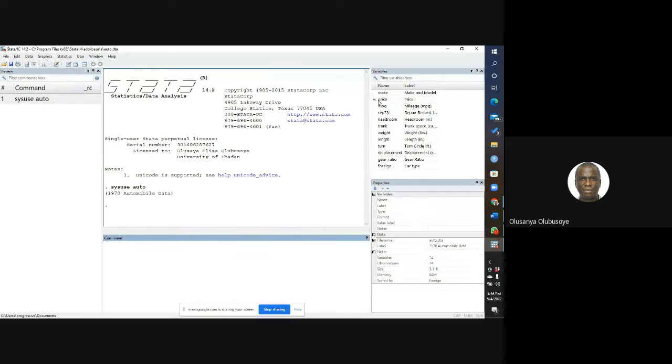It's about the make of vehicle models, the price, the mileage, the repair record, and all of that. So we have the data now, and we can look at how to test for normality, for instance, in the mileage.